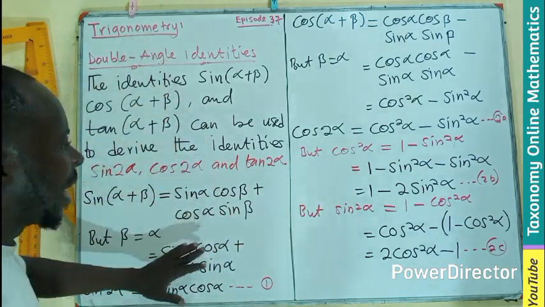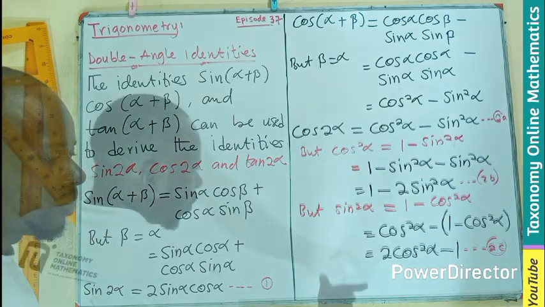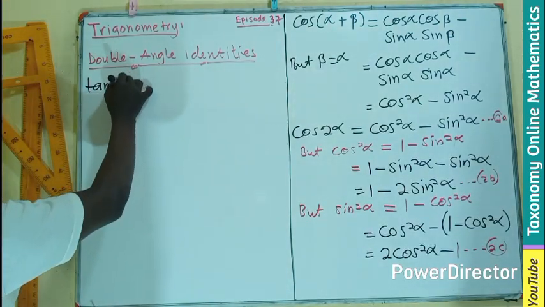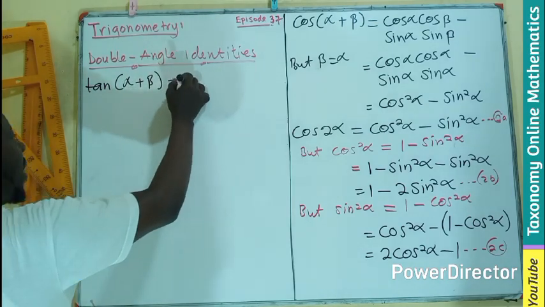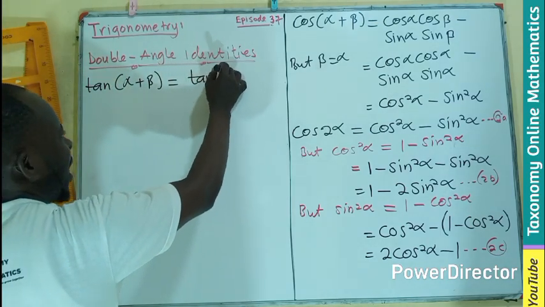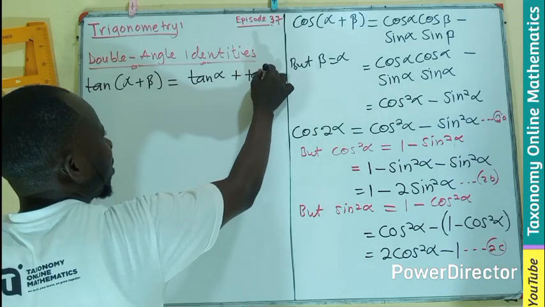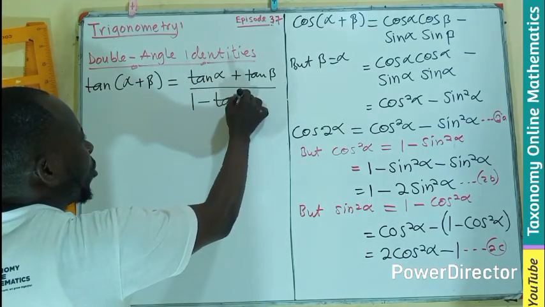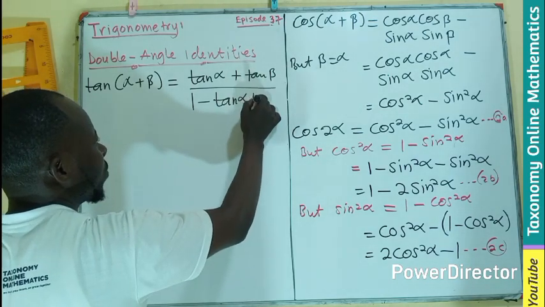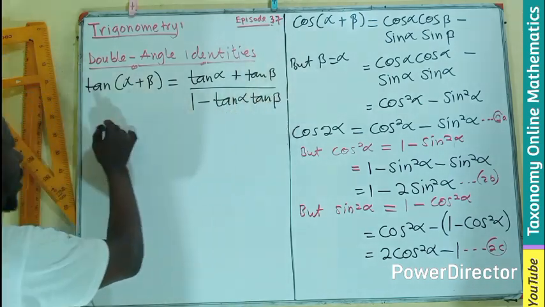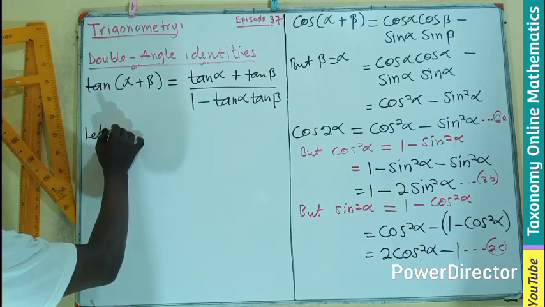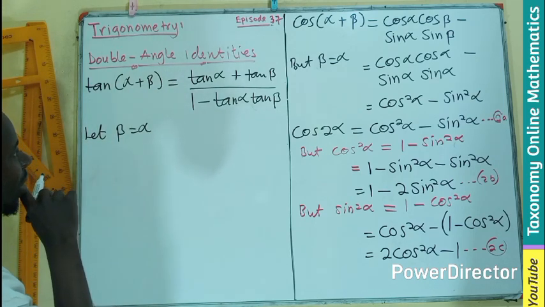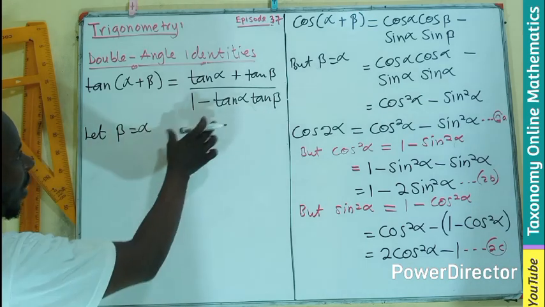We need to clean this side so that we can get hold of that. So for the tan, we know the tan of alpha plus beta is given by the first angle alpha, plus the second angle beta, over 1 minus the product of the 2 angles. In this case, we let beta equal alpha.